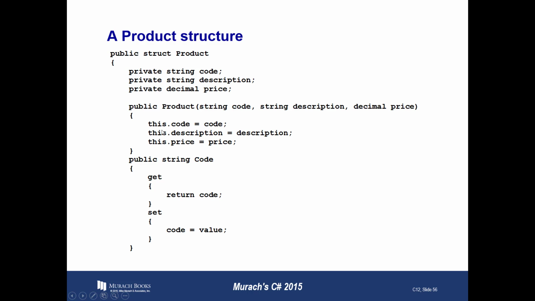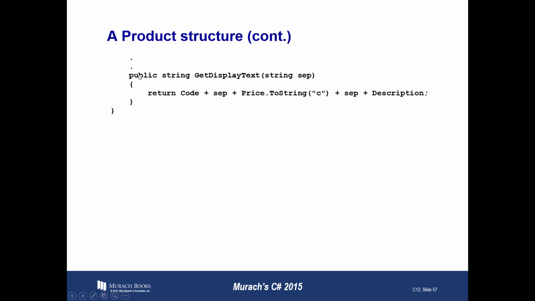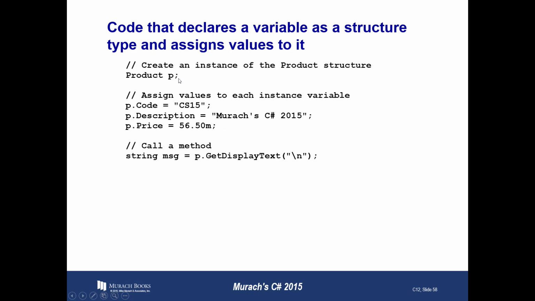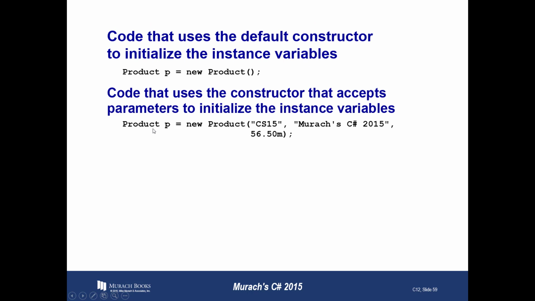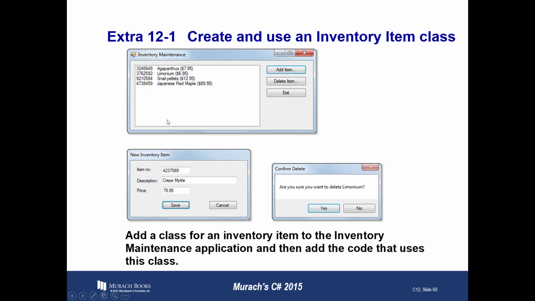But when you look at this, it sure looks a heck of a lot like the class that we created before, except rather than saying public class product, we're saying public struct product. It's got the same stuff in there. And we create the stuff in there pretty much the same way. See that? So they both can be used.